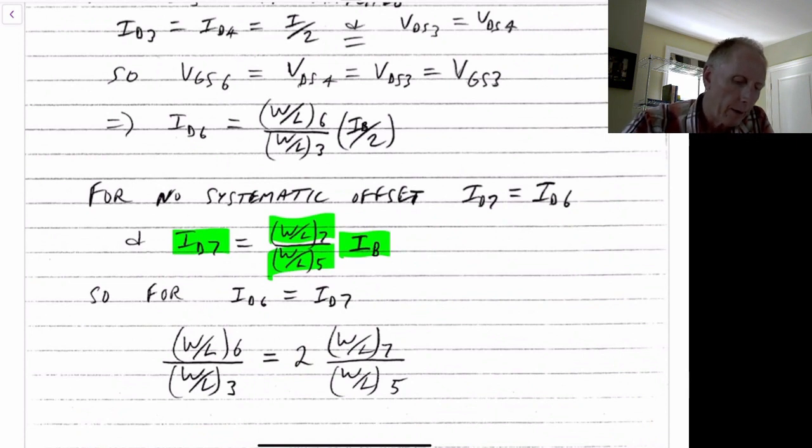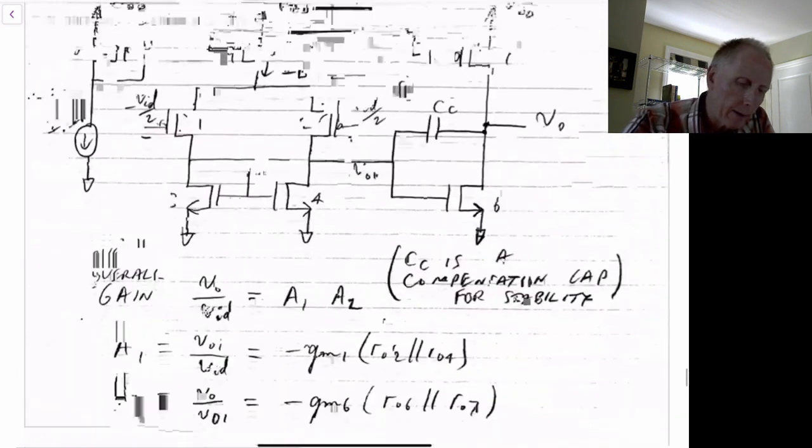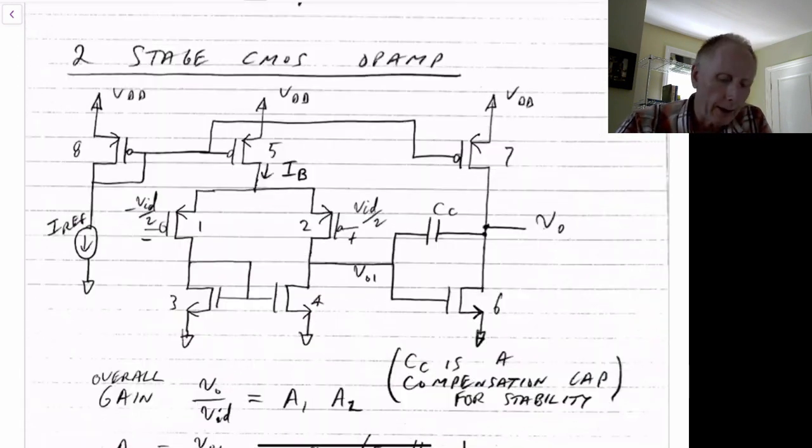Our next step is to find ID6. Now ID6, at first glance, does not necessarily look like a current mirror. So we're trying to find ID6 here.